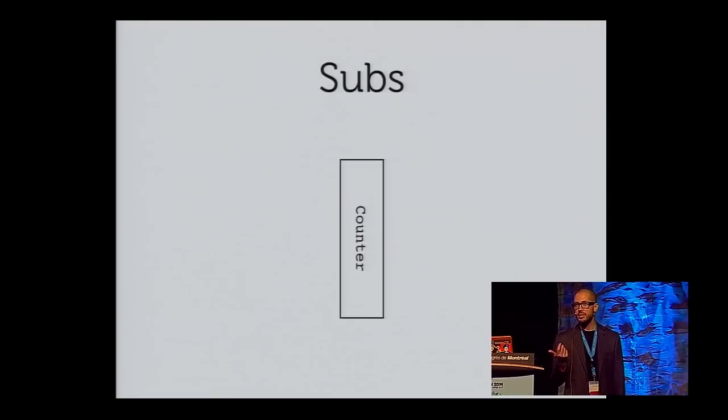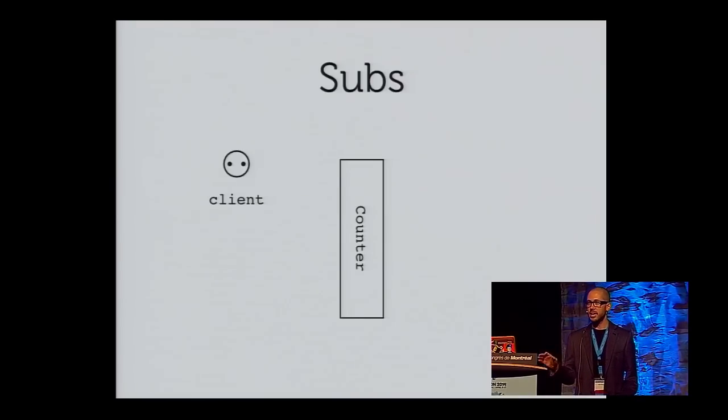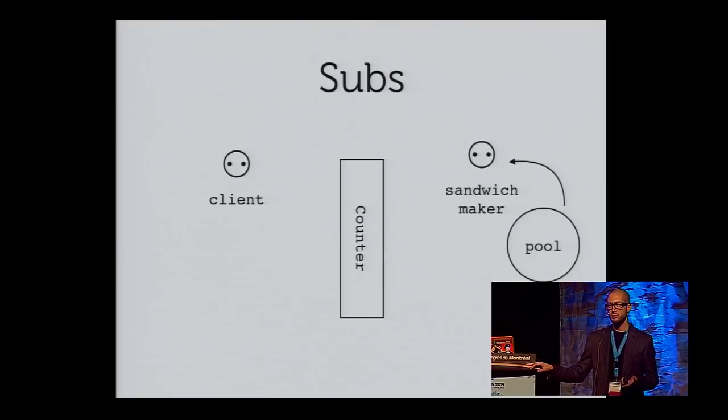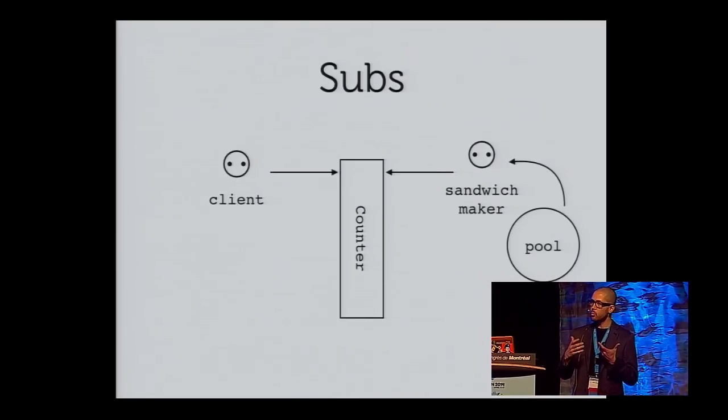For example, with submarine sandwiches, it starts off, you go to the counter, and a sandwich maker comes out of the sandwich maker pool. And you tell the sandwich maker what kind of sandwich you want, what kind of bread, what kind of ingredients, and you have this one-on-one synchronous interaction that lasts for the duration of your request.